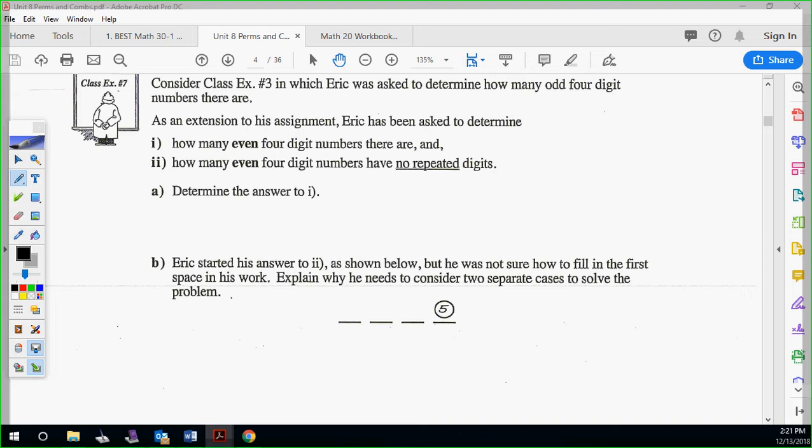Determine the answer to part 1. How many even 4-digit numbers are there? So we're doing the same thing that he did for the previous. Okay, so even numbers. How many digits would represent an even number? 5 still, because you do count 0, because stuff that ends in 0 is even. Now, 0 is not an even number in math, but stuff that ends in 0 is. Okay, so we still have a 5 here. Good. Okay, now what do we do?